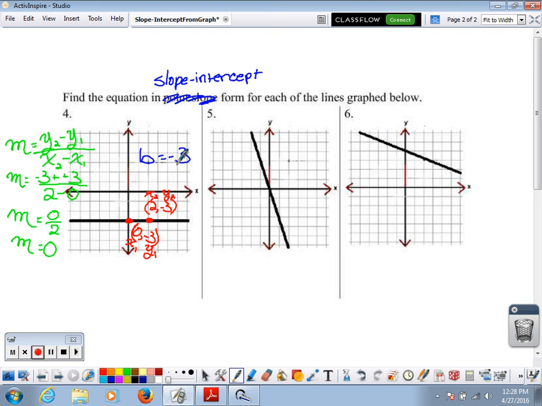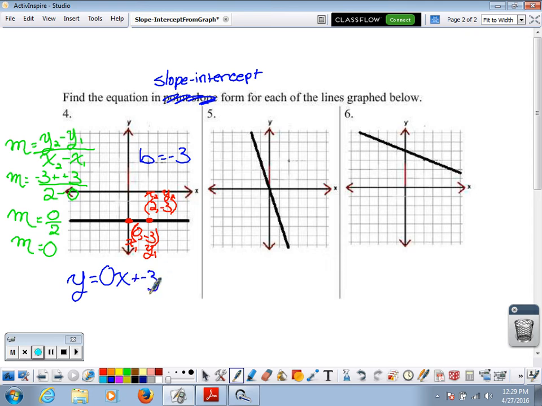All right, so Lauren, let's sub all these pieces in to y equals mx plus b. Plus -3.